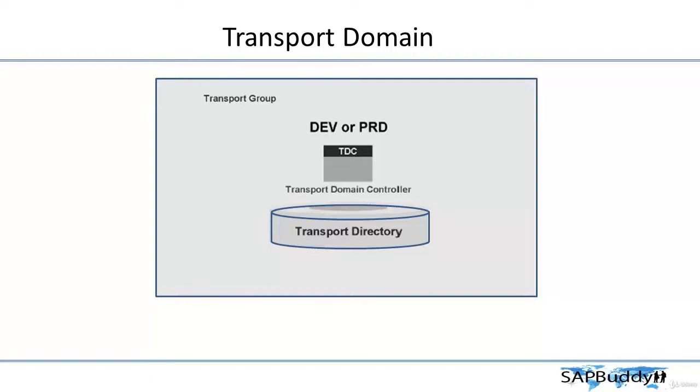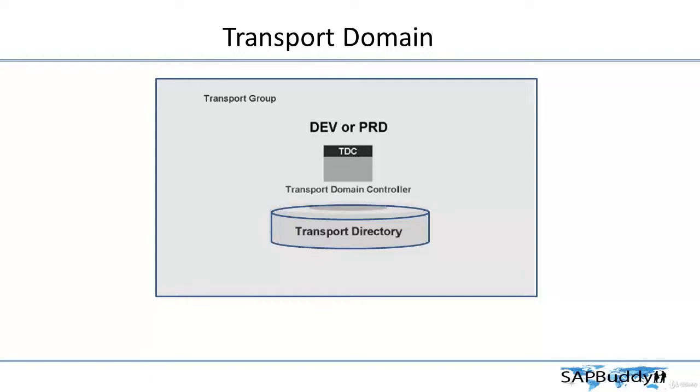Any system which has high availability, or which is available all the time and is not changed quite often, can be a domain controller. So resource is not a bottleneck here in selecting any system as a transport domain controller.